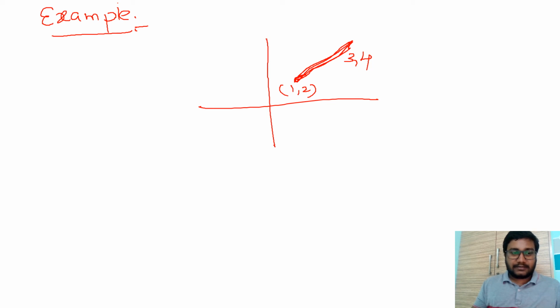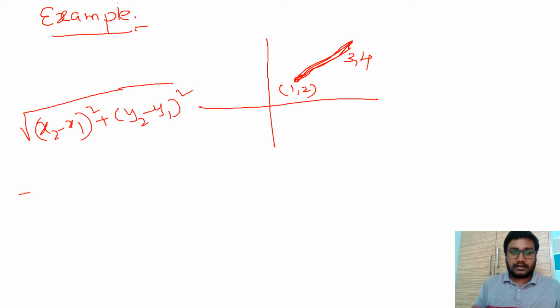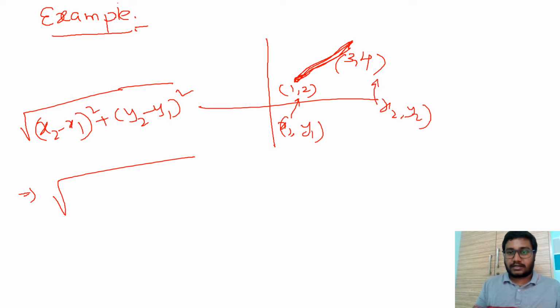Using the formula square root of x2 minus x1 whole square plus y2 minus y1 whole square, we substitute these two coordinates: this is x1, y1 and this is x2, y2.